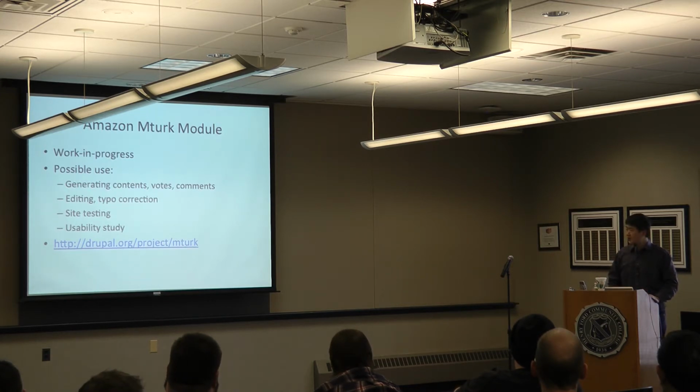You can use Mechanical Turk, hire thousands of workers to go to the system and do the typo correction for you. The reason you hire those people, I've already mentioned before, is that they do this simultaneously. Hundreds of people can do that at the same time. And also it's pretty cheap. Usually one piece of work costs 5 cents, 10 cents.